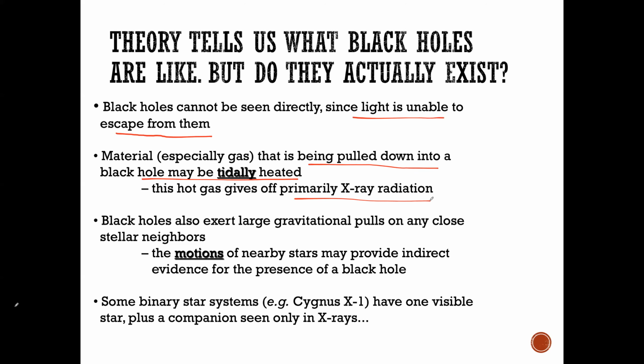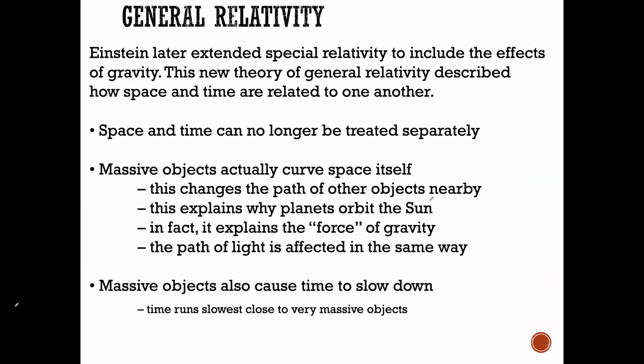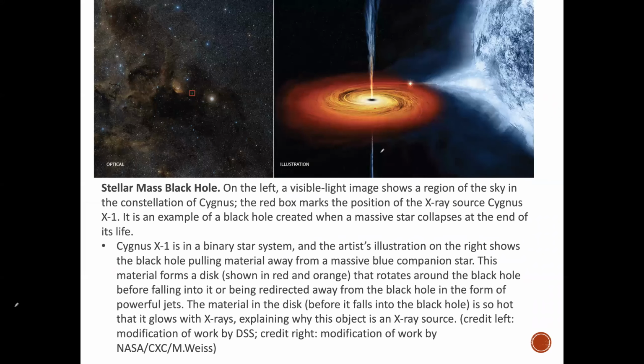If you remember the image that I showed you in the morning, this image right here, you can see that when gas falls close to a black hole, it gets heated up and emits X-rays like this.